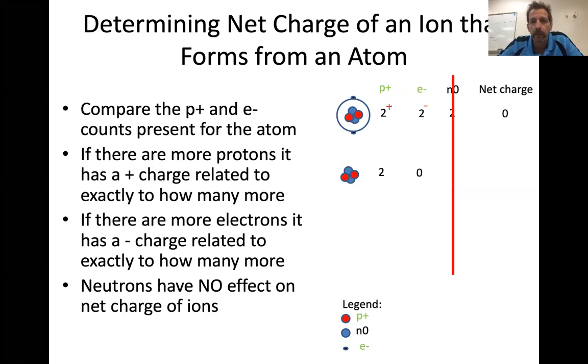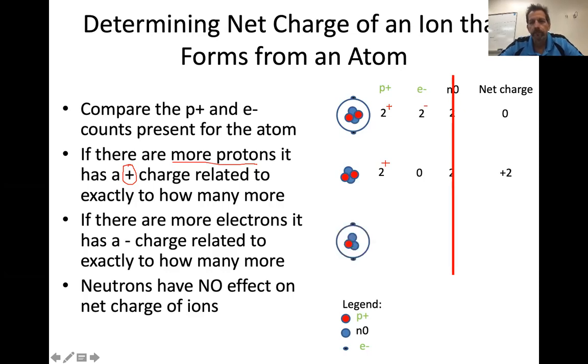So now we're comparing plus 2 to 0. Well, aren't there more protons than there are electrons? If there are more protons, it has a plus charge related to exactly how many more? Well, it has a plus charge of plus 2 then, right? Again, we ignore the neutrons.